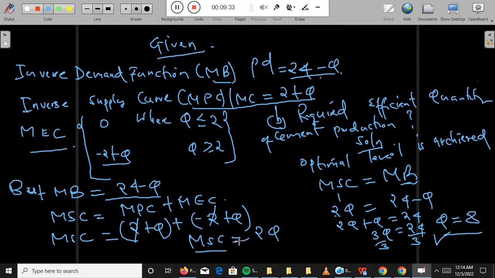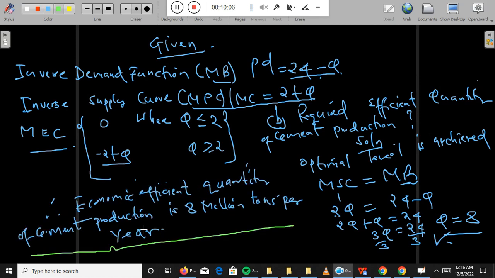Remember, marginal social cost is equal to MPC plus marginal external cost. When we combine the two equations, we obtain marginal social cost equal to 2Q. So we equate 2Q with 24 minus Q. We find the value of Q by dividing by 3 on both sides. So Q will be equal to 8. The economically efficient quantity of cement production is 8 million tons per year.